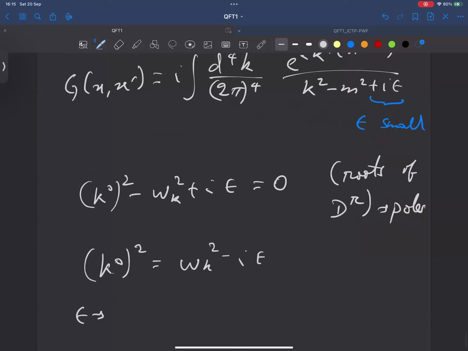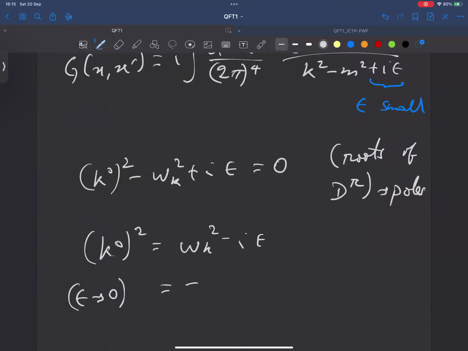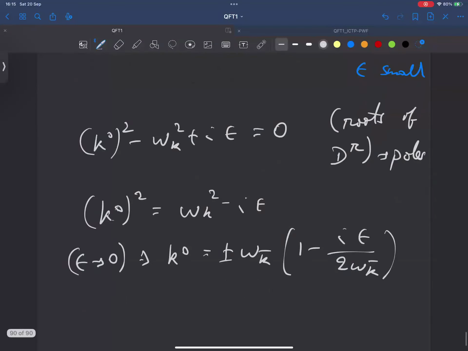And now if you look at very small epsilon, you can expand the square root. And this will give you k0 equals plus or minus omega_k times (1 minus i epsilon over 2 omega_k squared). This is just bringing the half in the square root down.